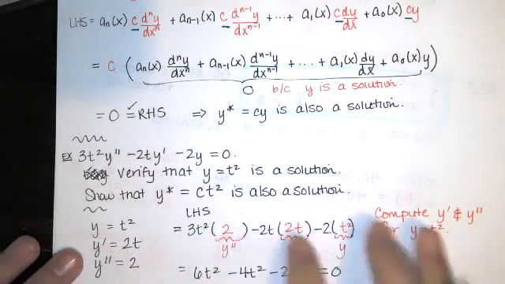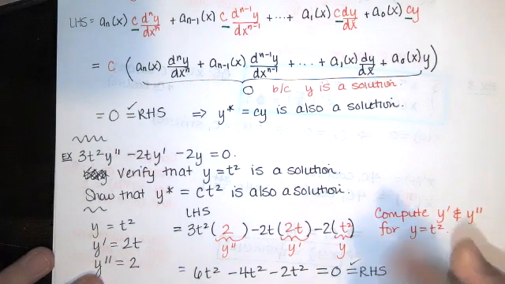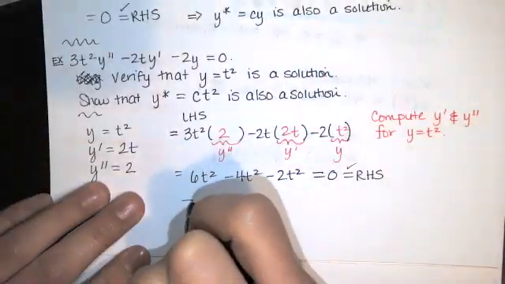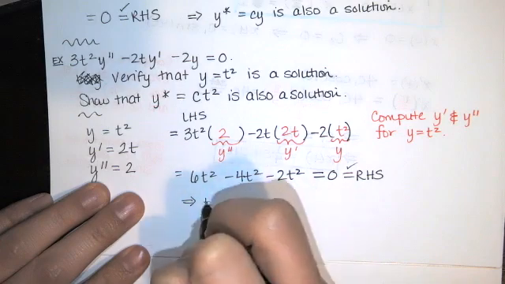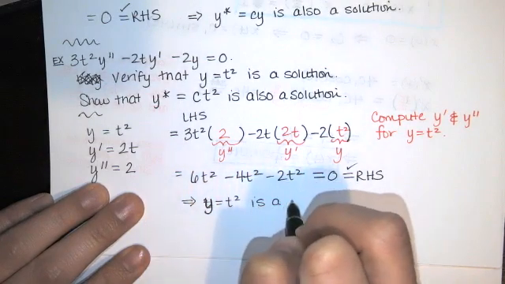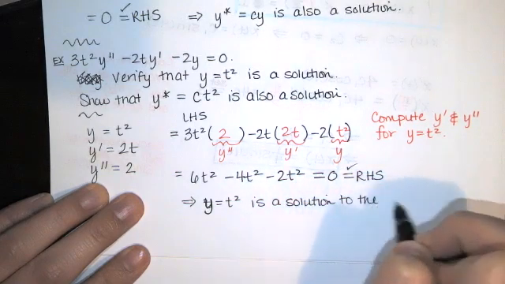So the left-hand side simplifies to 0, which is equal to the right-hand side. So when y equals t squared, the left-hand side equals the right-hand side. Therefore, y equals t squared is a solution to the differential equation.